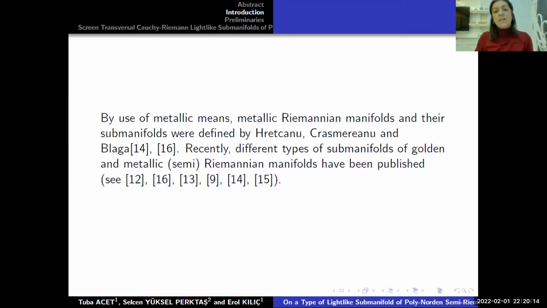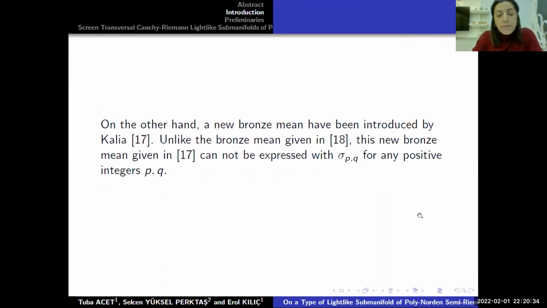By using these metallic means, metallic Riemannian manifolds and their submanifolds were defined by Hretcanu, Crasmareanu, and Blaga. And also different types of submanifolds in golden and metallic geometry have been published in literature.